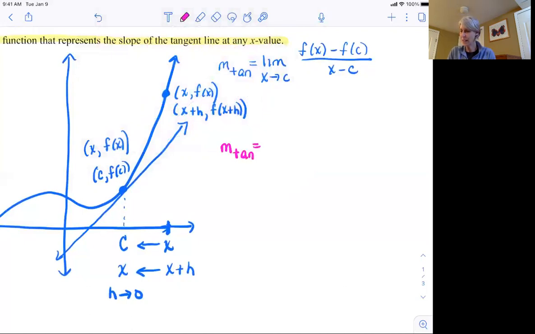Now, instead of evaluating the limit as x approaches c, we're evaluating the limit as h approaches 0.